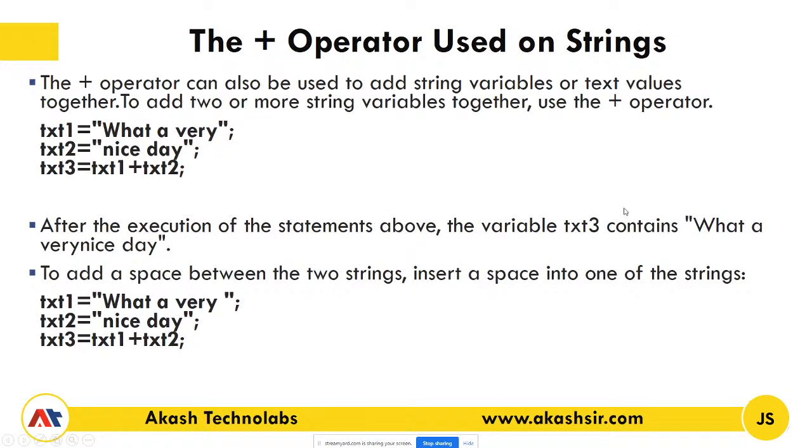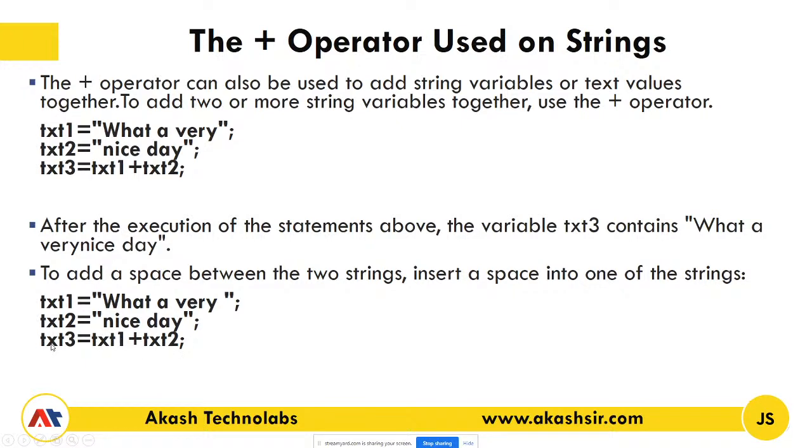The plus operator is used for adding string variables or text values together, which means we can concatenate the strings. Okay. So if you want to display a concatenation, for example, here you can see this is text 1, what a very, and this is text 2, nice day. So inside text 3 you can combine two strings together, that is txt1 plus txt2.